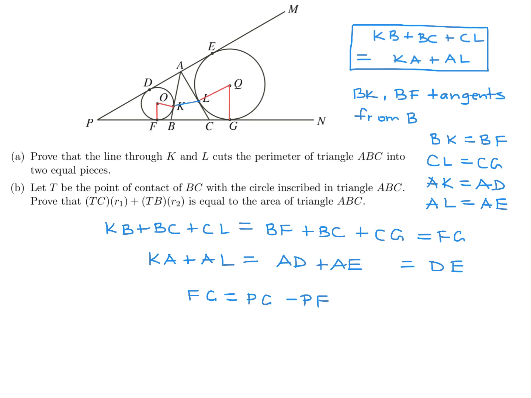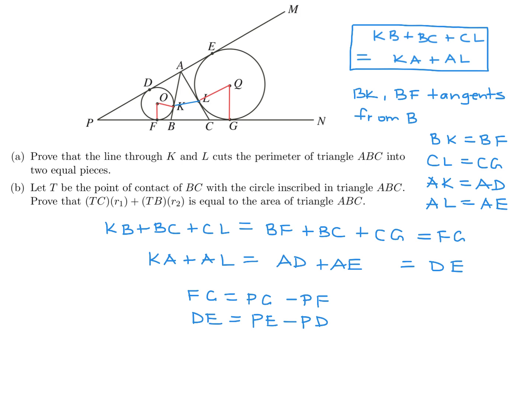The whole thing, PG minus PF, would give me FG. And over on this side, we can do a similar kind of equation that DE, that whole big long segment, or actually from here to here, I should say, is really just PE, from P to E, minus P to D.